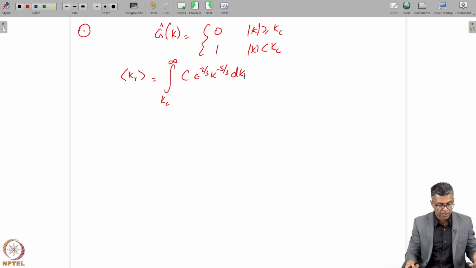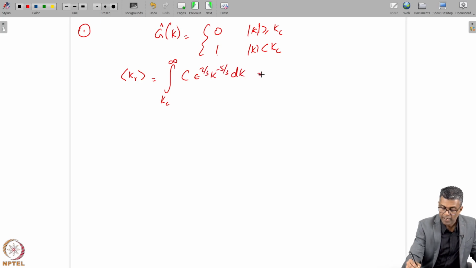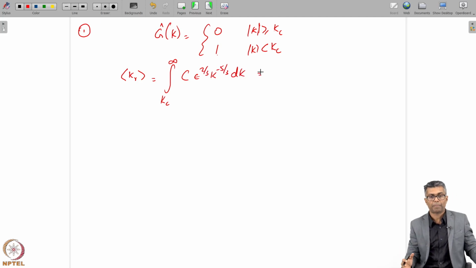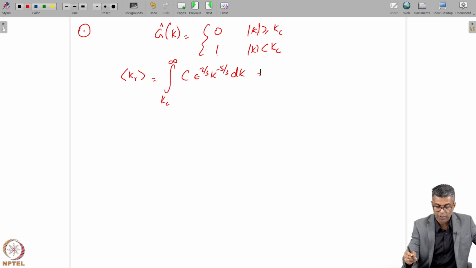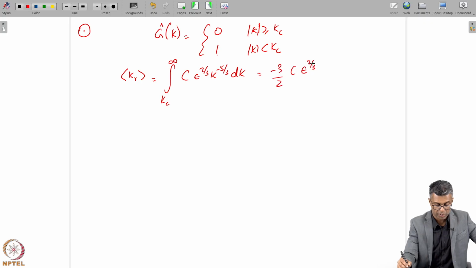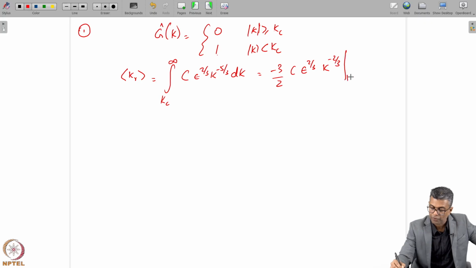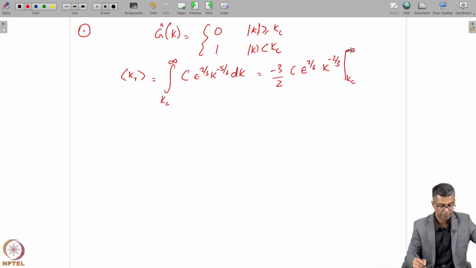Now if you just integrate it, you only need to integrate kappa to the minus 5/3. You'll get kappa to the power minus 5/3 plus 1, divided by minus 5/3 plus 1. So then you will have minus 3/2 C epsilon to the 2/3, because all those are constants, and then kappa to the minus 2/3 going from kappa c to infinity.